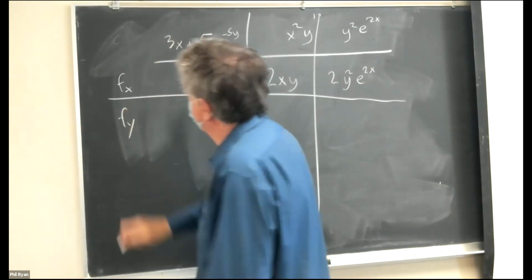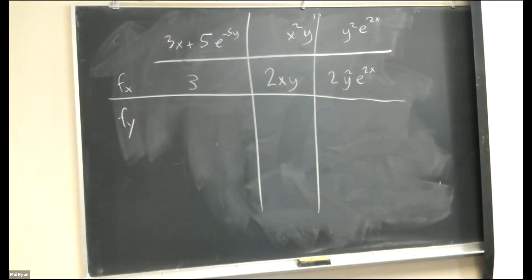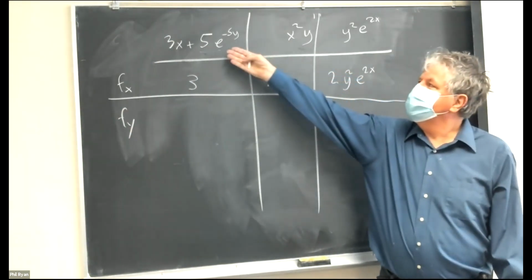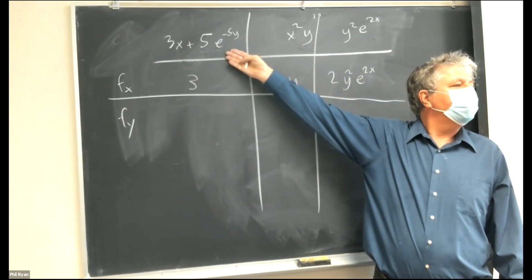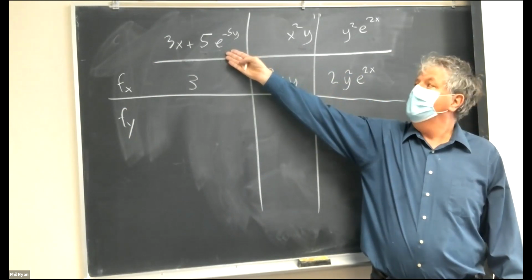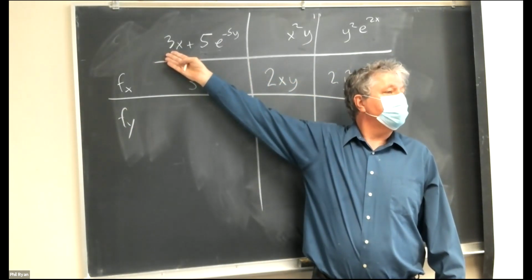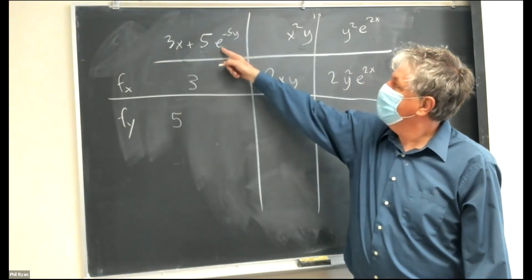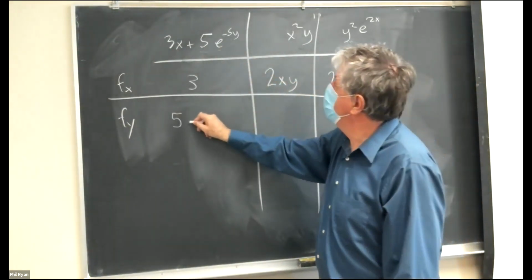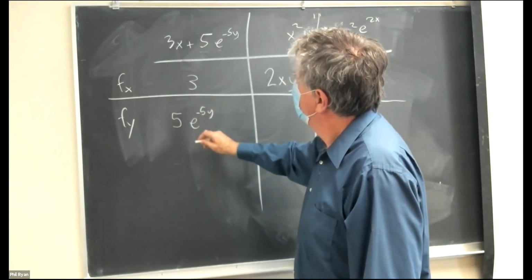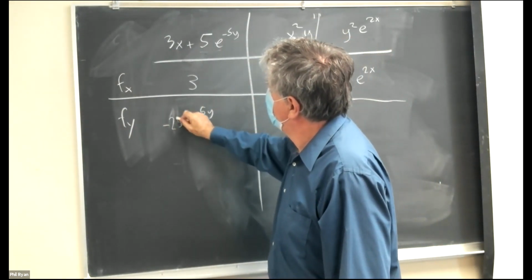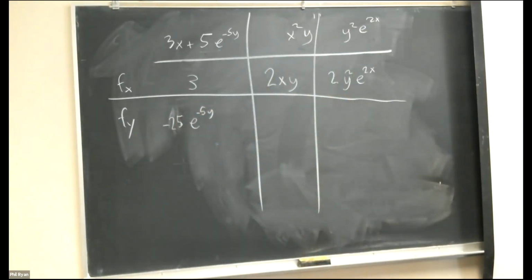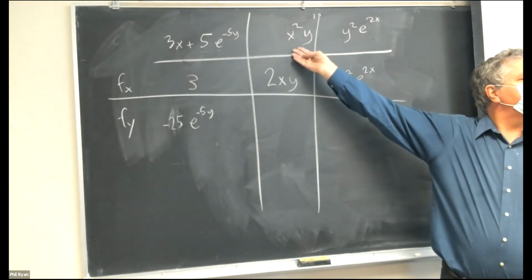And let's do the partial derivatives with respect to y. What's the derivative of this with respect to y? What happens to this? Goes away because it's just additive. This 5 stays. It's an exponential. The derivative of an exponential is an exponential. We've got to multiply by that -5. What about the derivative of this with respect to y?